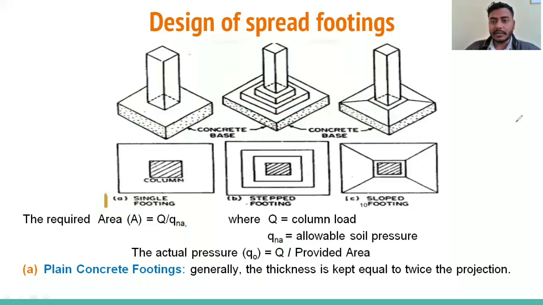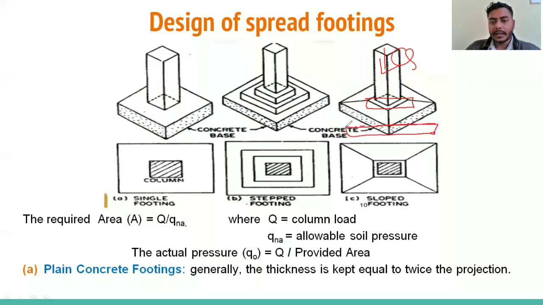The next one, that is the third one, you can see. So here the load is coming. Suppose Q load is coming on the column. So here what we do, you can see the load is first distributed over this area, then distributed over this area, right?